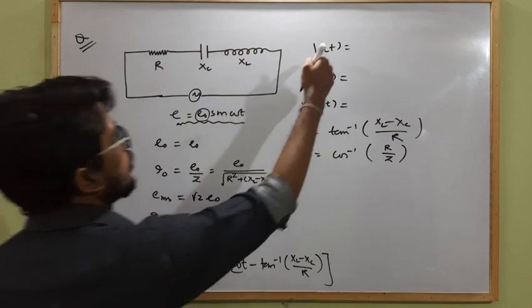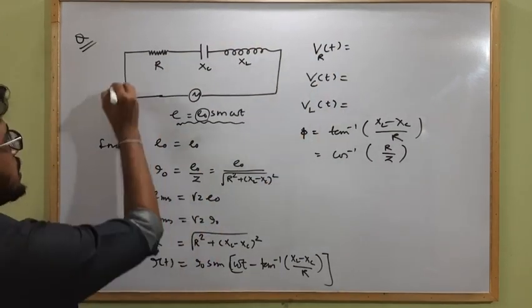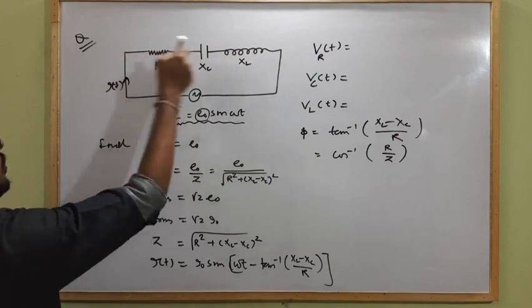Now we have to find out the potential difference across the resistor as a function of time. So this is the current I at t flowing through this resistor.